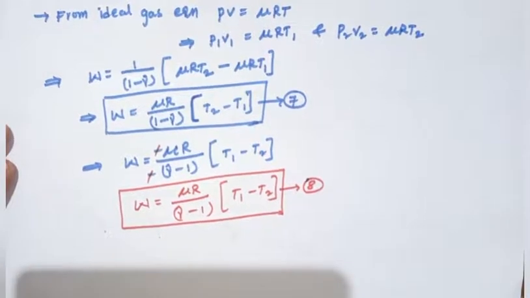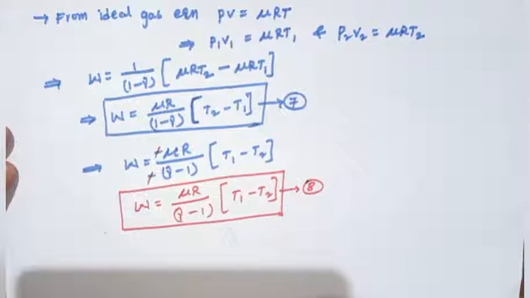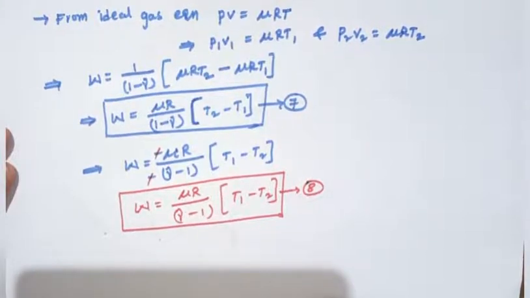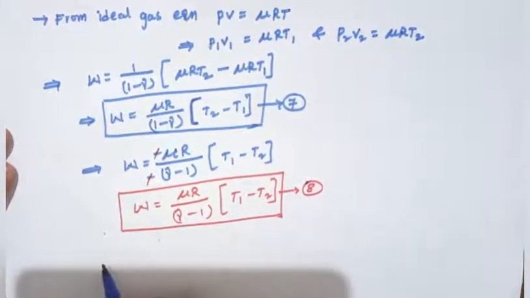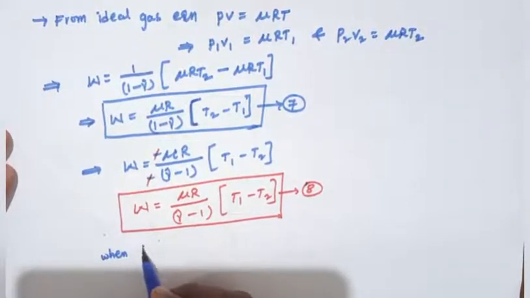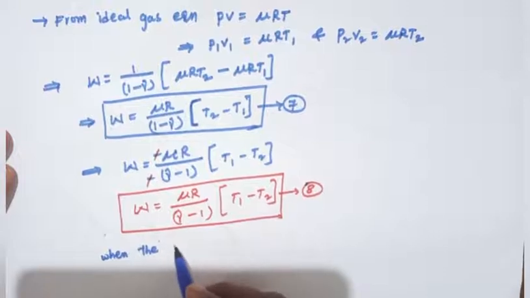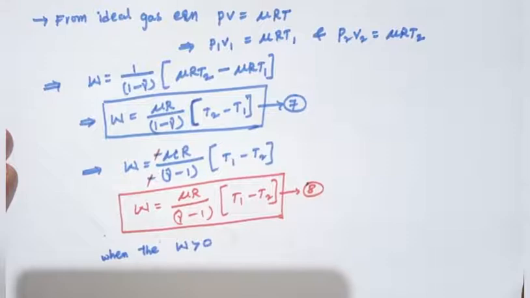Okay, in the adiabatic process, if work is done by the gas, then W is greater than 0.